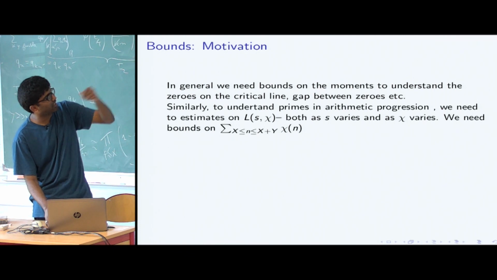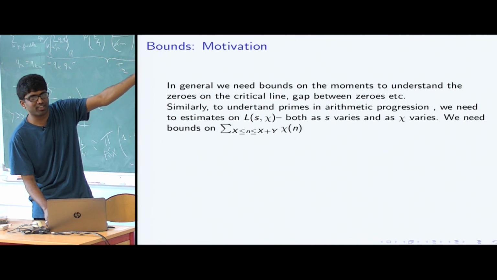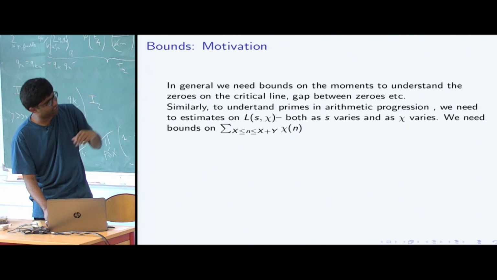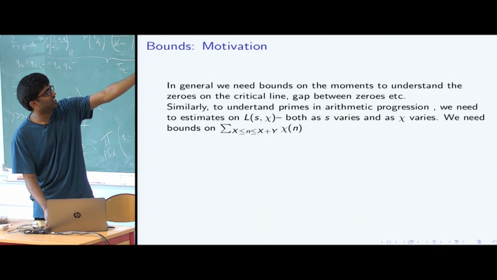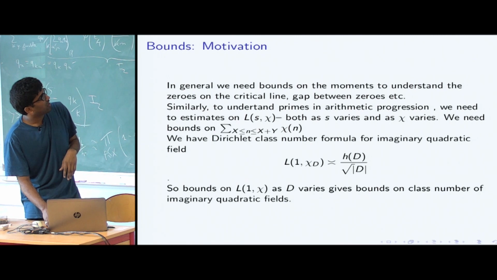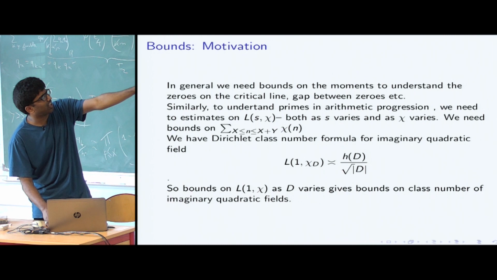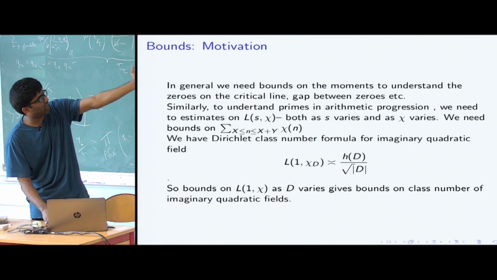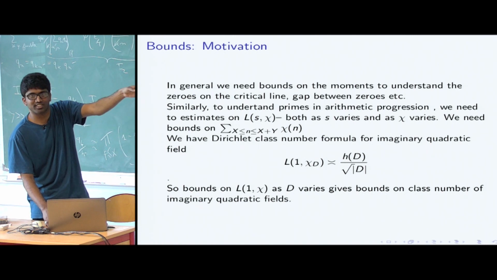For instance, to understand primes in arithmetic progressions, as we said, we need to understand the sizes of L-functions, and that is related to understanding character sums like this, where n is in some interval x to x plus y, and we are summing over chi of n. As Mark already mentioned, there is the class number formula: the L value at 1 of chi_d is related to the class number.